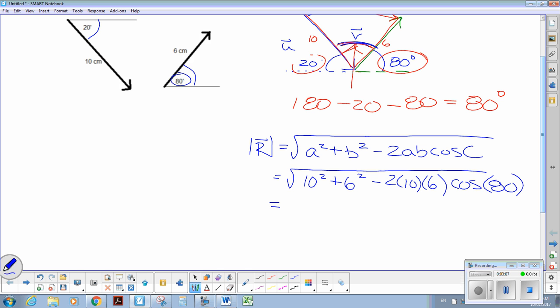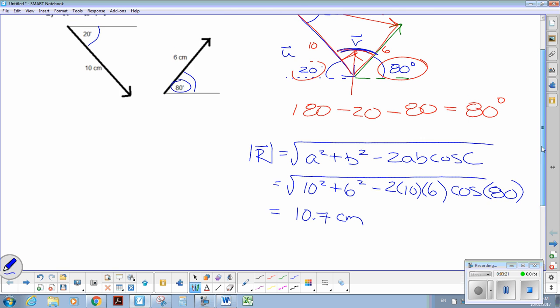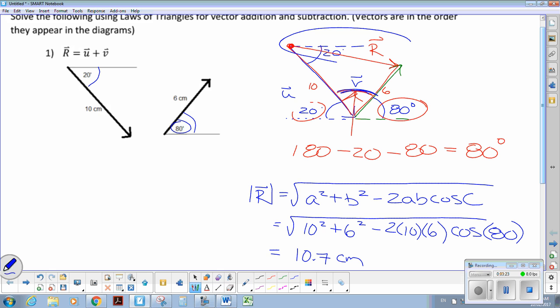Now we can calculate that value. Once I've put that through a calculator, I get a magnitude of 10.7 centimeters. So the magnitude of the resultant is 10.7 centimeters. This is getting awfully messy, I apologize. Now we need a direction.